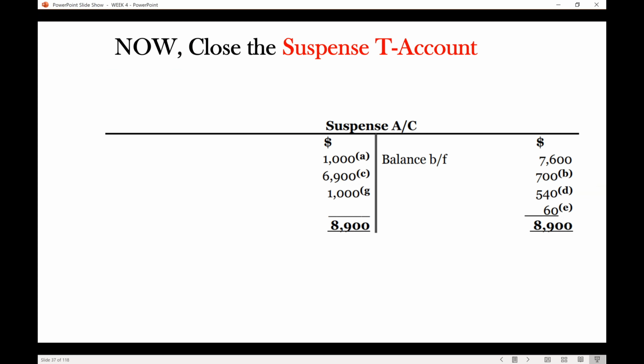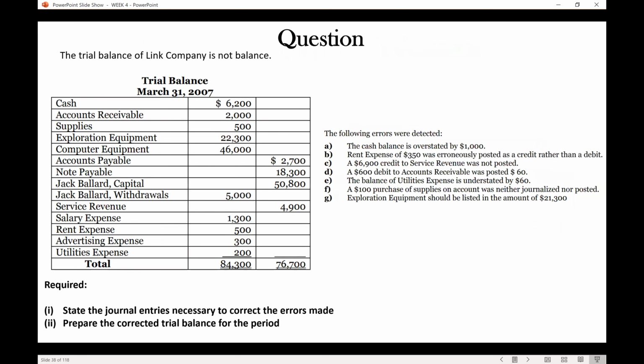No finding any difference and putting the smaller on the lesser side. No, none of that. Once you finish detecting, journalizing and placing all the correct entries to your suspense account, it should close, capiche, on its own, right? So we've closed the suspense account.